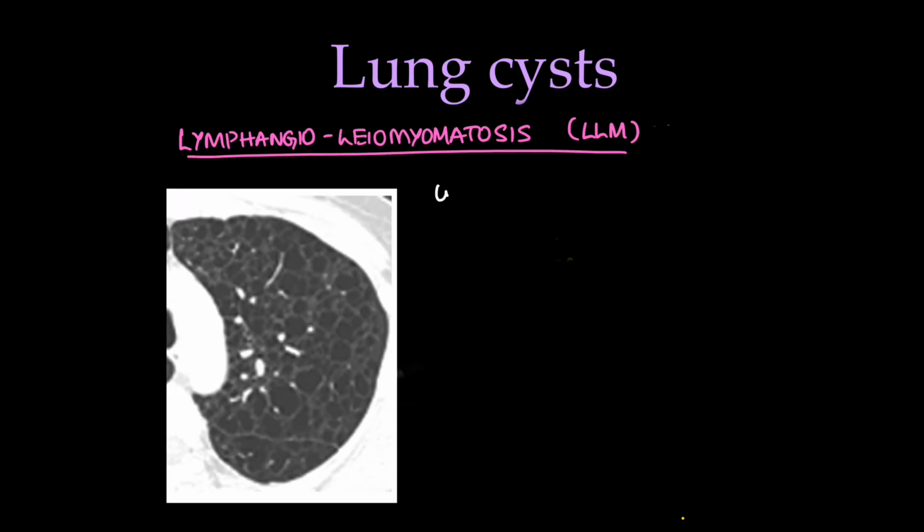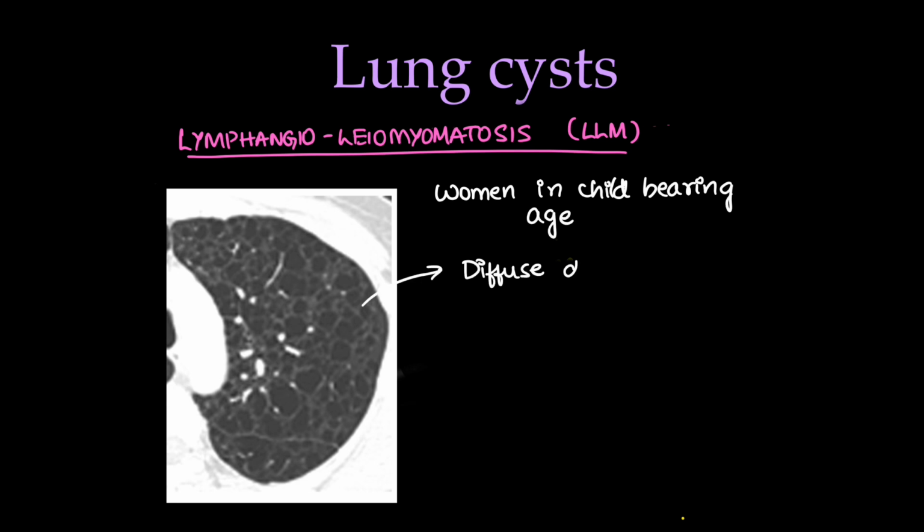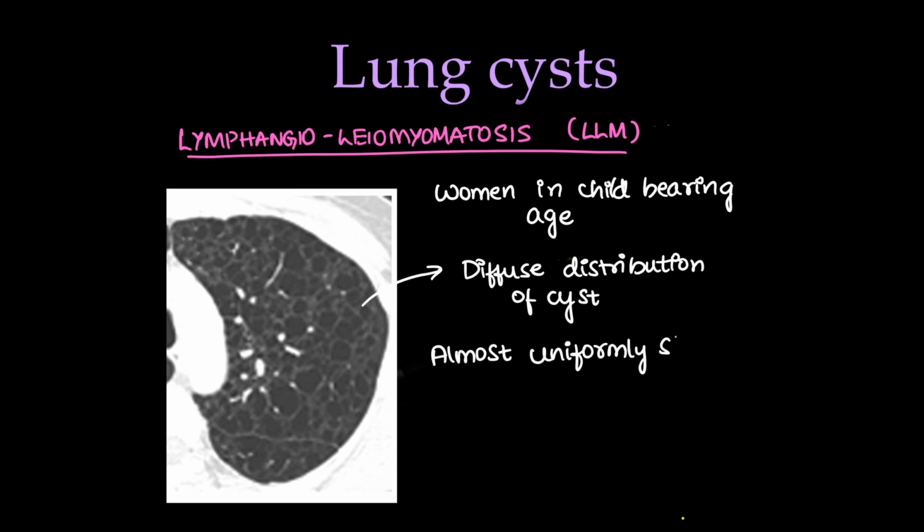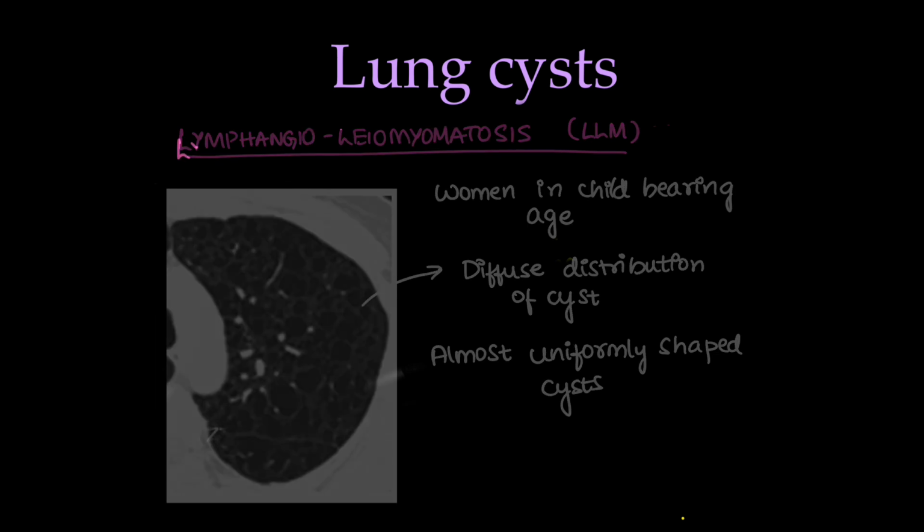Next is lymphangioleiomyomatosis, in short known as LAM. They are seen in women of childbearing age having diffuse distribution of cysts which are almost uniformly shaped. Next we have lymphocytic interstitial pneumonia, in short known as LIP.